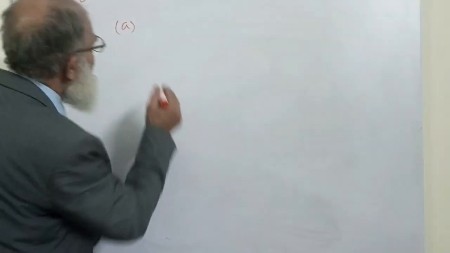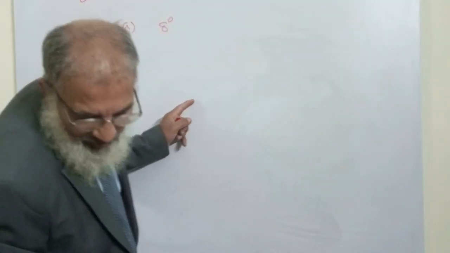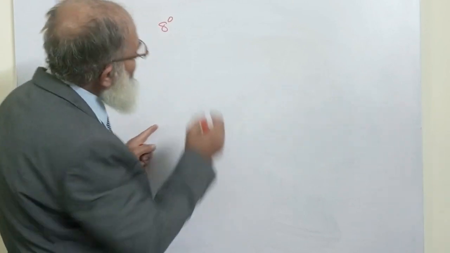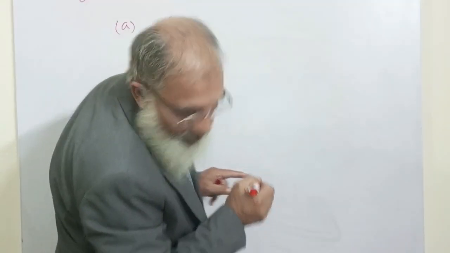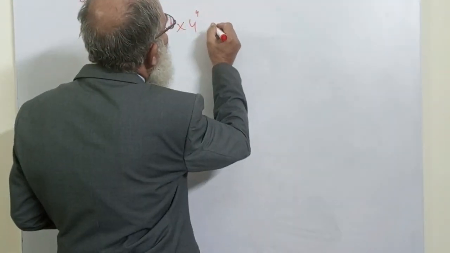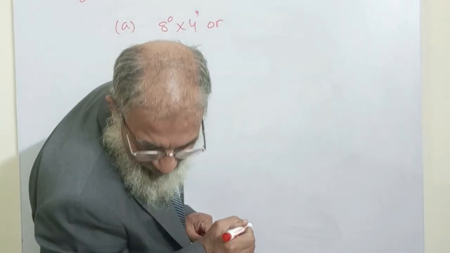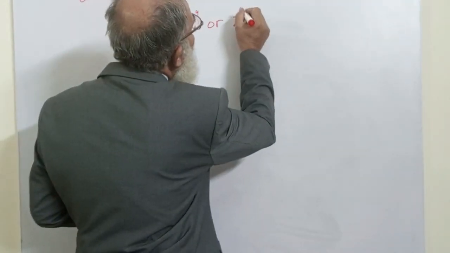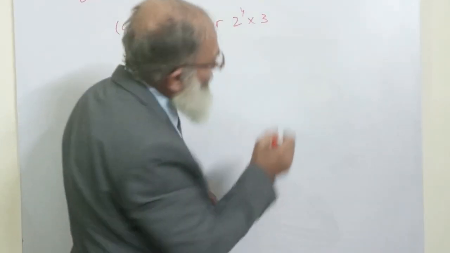The question is 8 raised to power 0 multiplied by 4 raised to power 4, or 2 raised to power 4 multiplied by 3 raised to power 4.